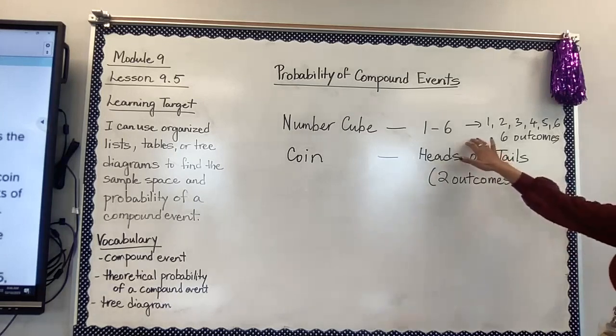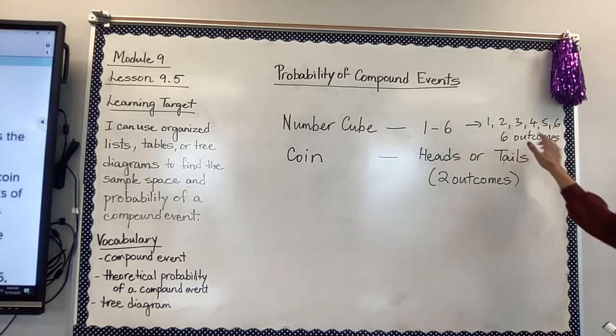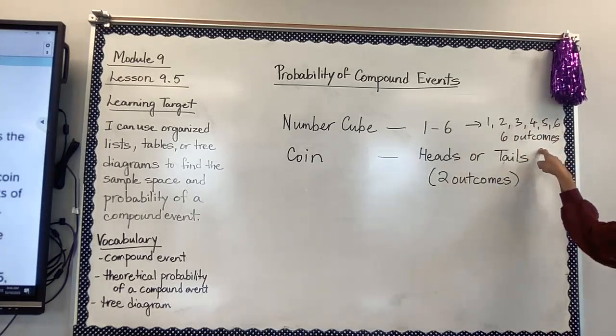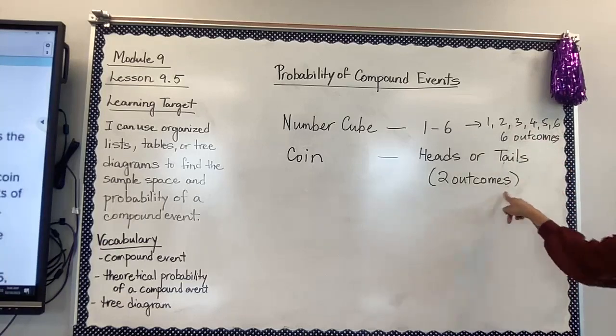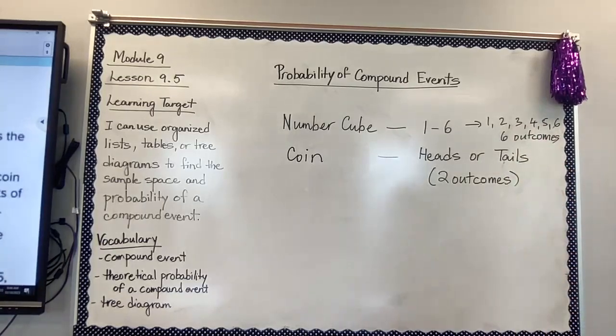So that's what I just did. First find the sample space. So 1, 2, 3, 4, 5, 6, 6 outcomes here, and heads or tails, that is 2 outcomes here. So that's the first step. All right. Now, next we can create an organized list, such as a table or a tree diagram, to find the sample space of this compound event.